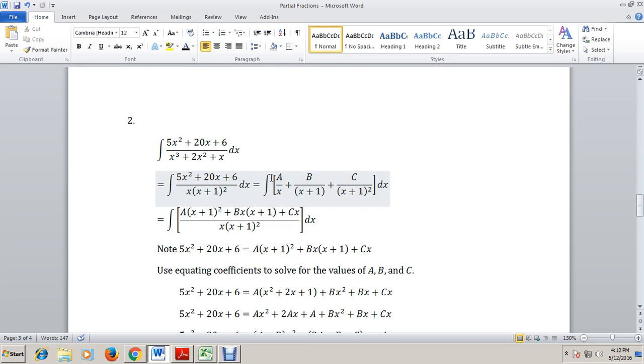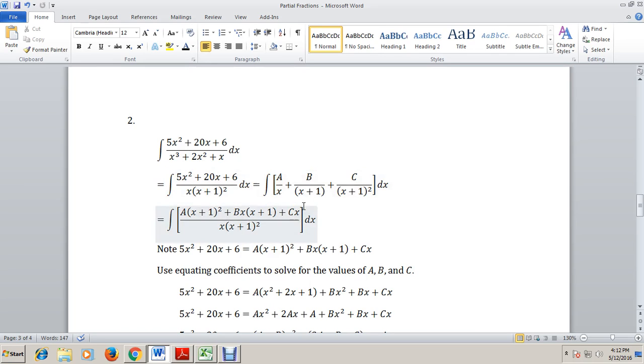Now, of course, obtaining the expression in our numerator needs us to divide the common denominator by the individual denominators, multiplied by their individual numerators. So doing that, we have x times x plus 1 squared divided by x. That cancels out x, leaving x plus 1 squared multiplied by a. Therefore we have a times x plus 1 squared.